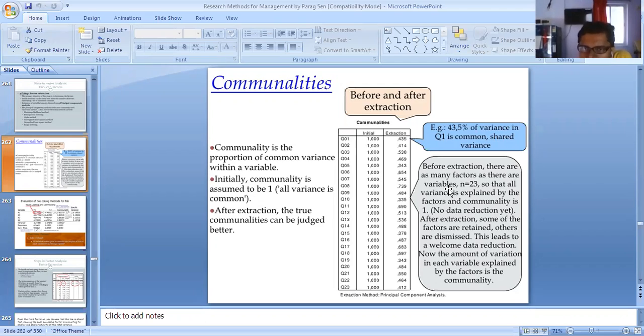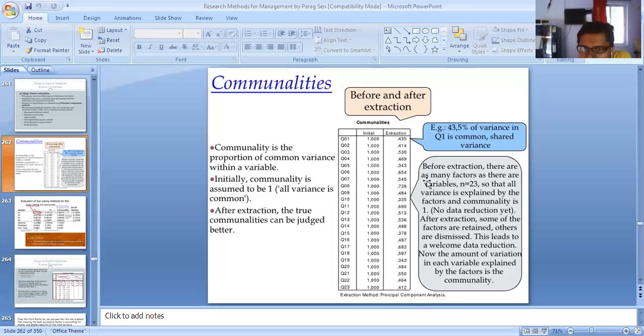Before extraction, suppose Q01 is 1 and the initial extraction is 0.435. What does it mean? It means 43.5% of the variance in Q1 is common or shared variance.